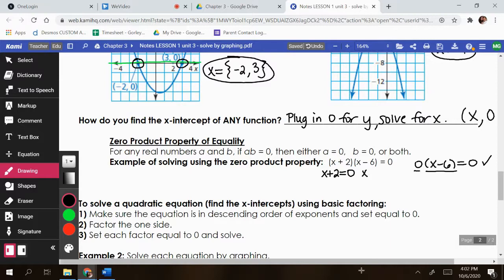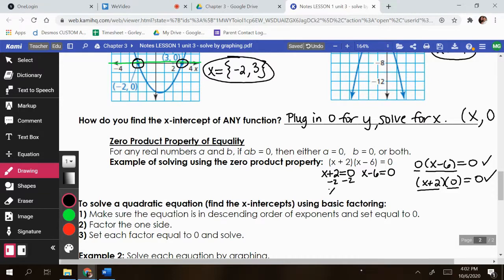Another option is that we could make x minus 6 equal to 0, because what would that look like? We would have (x plus 2) times 0. Does that make a true statement? Yeah, because again, something times 0 would be 0. So one of those options has to be true, okay, or both would have to be true.